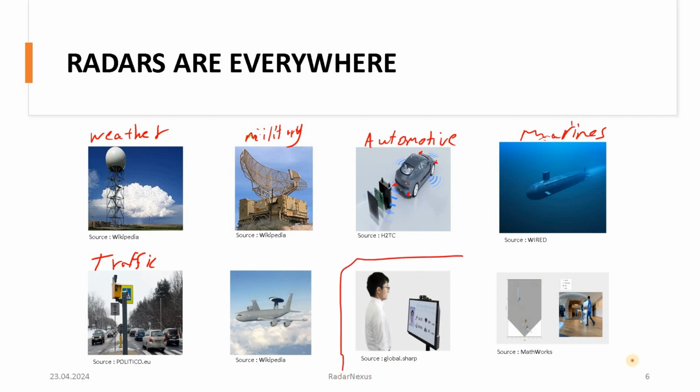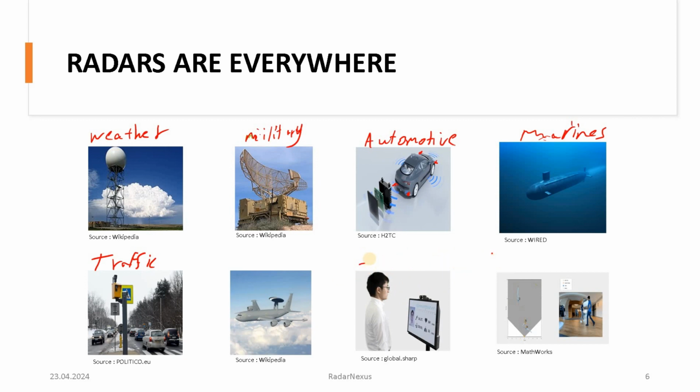Other two applications for radar that will be interesting for you, and probably you didn't hear about them before. Health monitoring. Yes, radar can be used for health monitoring. For example, measuring your heart rate, measuring your breathing rate. All these things can be measured by radar.